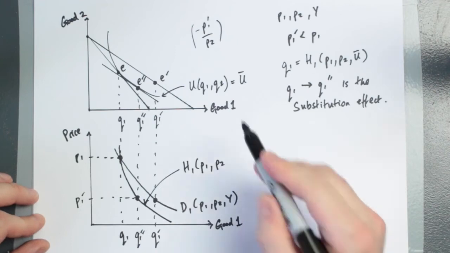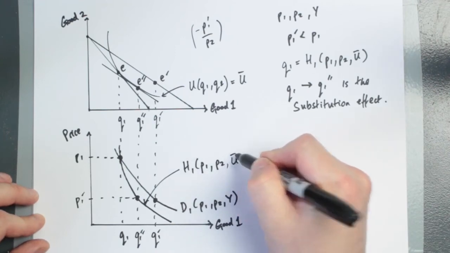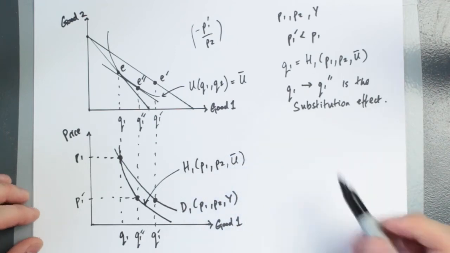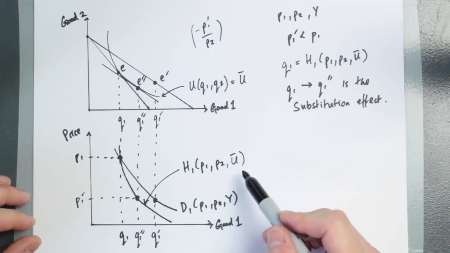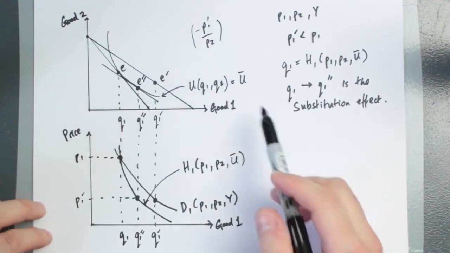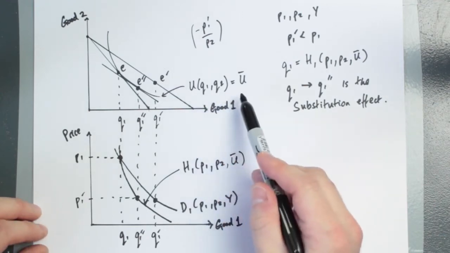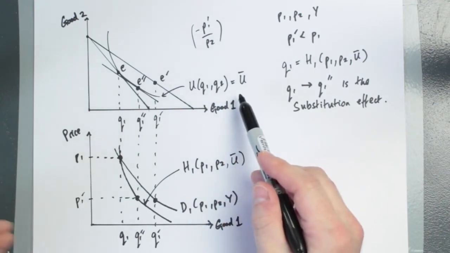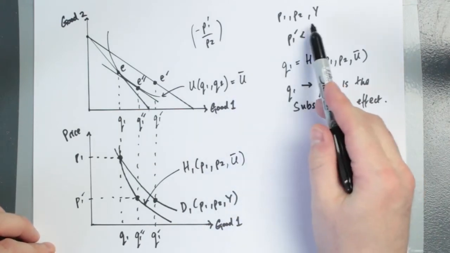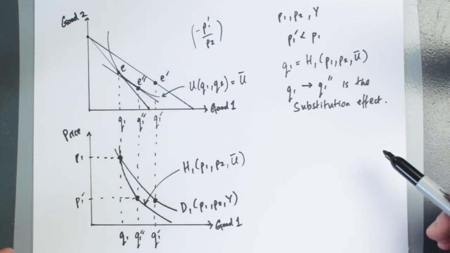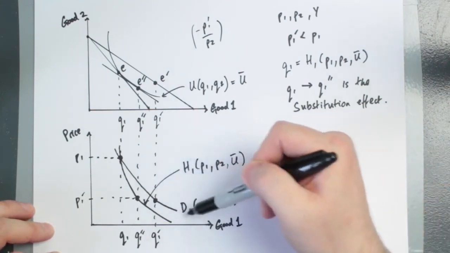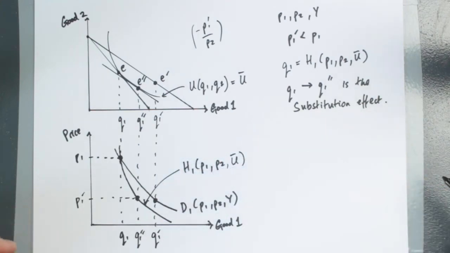I'm taking the price P2 as fixed, and I'm taking the target level of utility as fixed. Okay, and I've got that target level of utility in this example by taking the level of utility the consumer achieved initially when they had this level of income. Okay, but I could have chosen a different target level of utility, which would correspond to a shift in the Hicksian demand function.